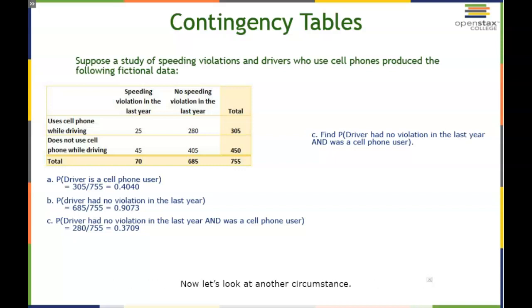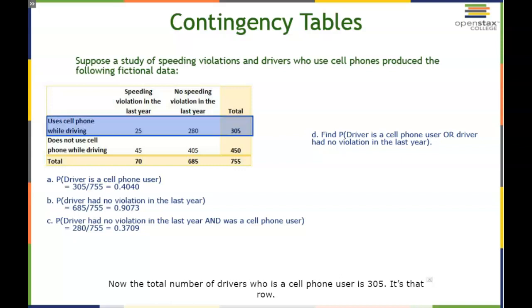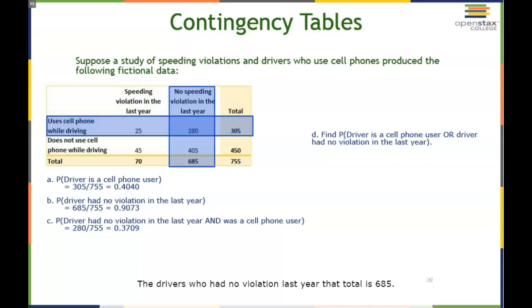Now let's look at another circumstance. What's the probability that the driver is a cell phone user or the driver had no violation last year? Now the total number of drivers who is a cell phone user is 305. It's that row. The drivers who had no violation last year, that total is 685. There were 685 people that did not get a violation. The problem is we double counted.